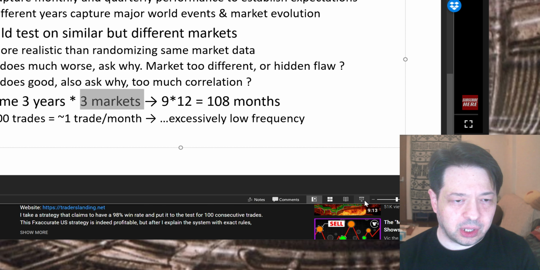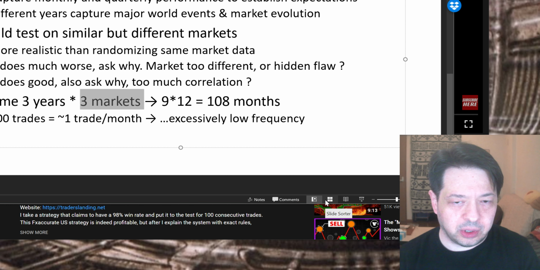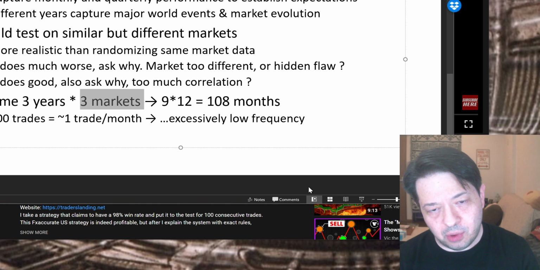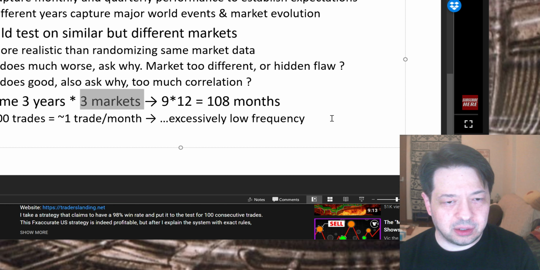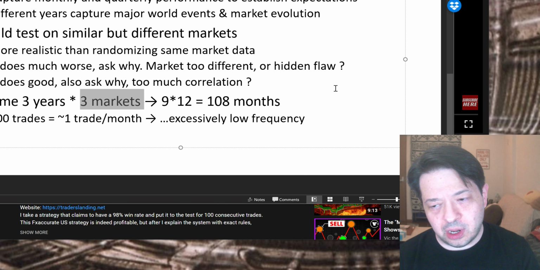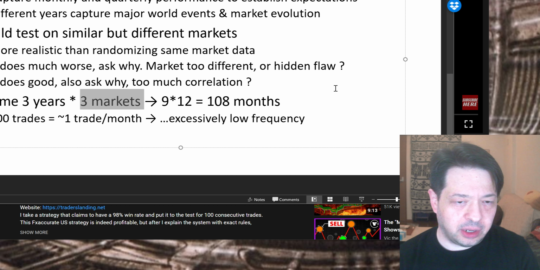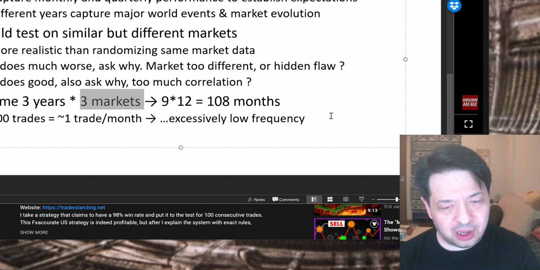And the problem here is that it's very low frequency, so you only have 1 trade per month. You can't really judge on a monthly basis, and that's already out of the window. If you cannot judge on a monthly basis, how do you know when your system is starting to severely degrade? I mean, you will eventually find out, but it's going to take several months.